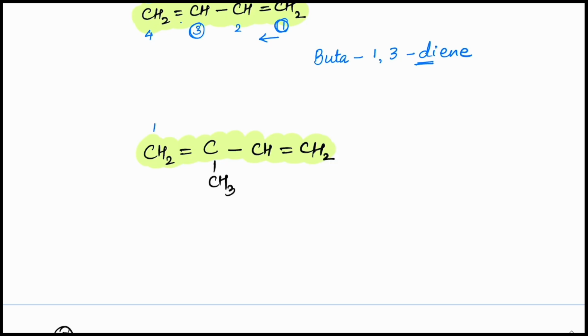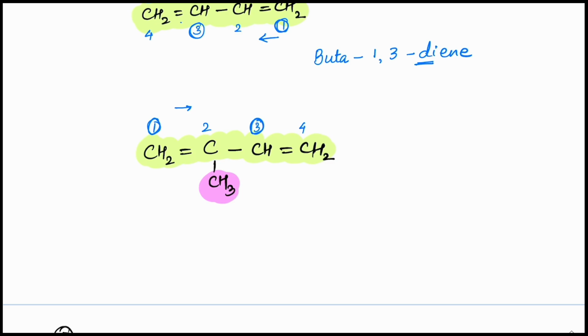Alright, now let's number this parent chain. If you number from left to right, you will see that the first double bond starts at carbon atom 1 and the second double bond starts at carbon atom 3. There is also the substituent which will be present at carbon atom 2.